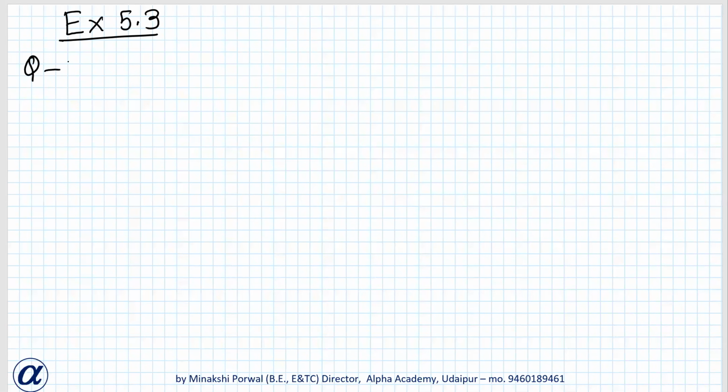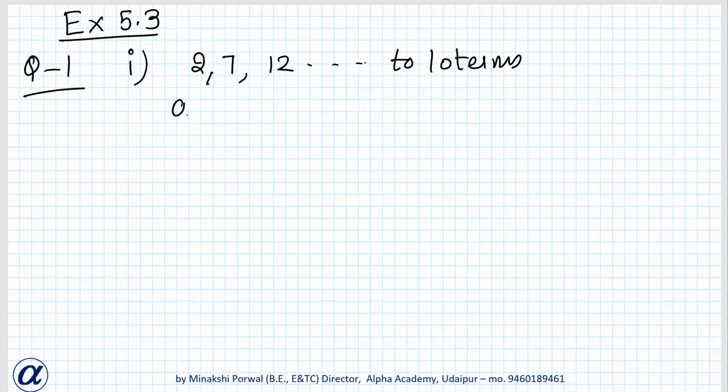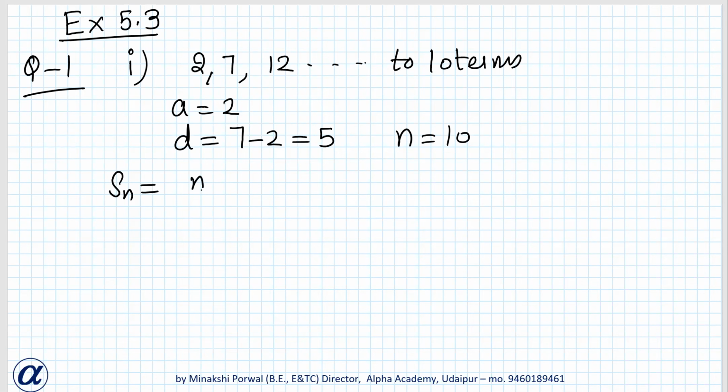Question number 1. Find the sum of following APs. So 2, 7, 12 up to 10 terms. So A is 2. The common difference is second term minus first term, that is equal to 5. And n is 10. We have to find the sum of AP. So Sn equals n by 2, 2a plus n minus 1 into d.